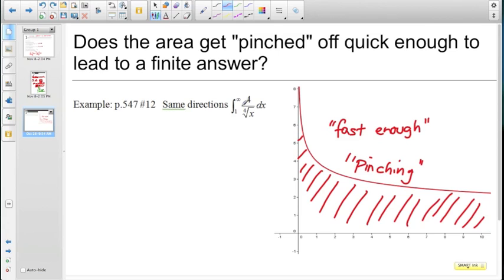And if we don't get a finite number, if we get infinity, it's not fast enough. But we'll actually be able to nail that down and put a number on it in the next chapter in this book. But for right now, we're just looking for that finite value. So that area here is actually the value of the integral.